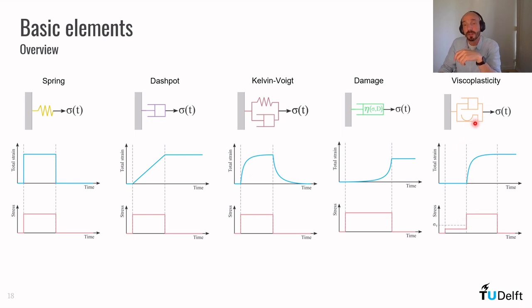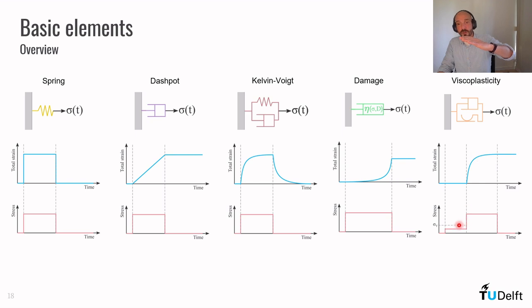But then we can make the threshold move upwards, towards the stress condition. And when this threshold moves upwards, it decreases the difference between the stress and the threshold, and therefore increases the viscosity of this dashpot, making the slope of this curve decrease.